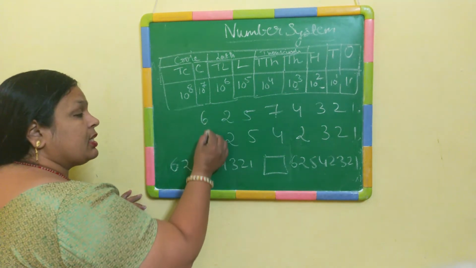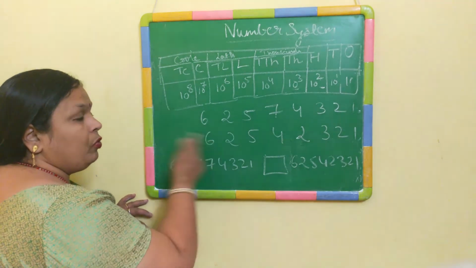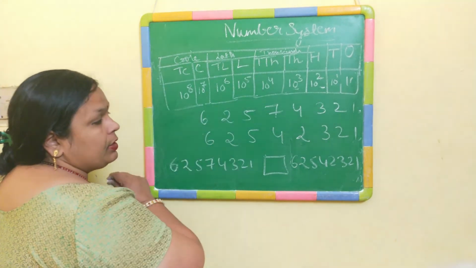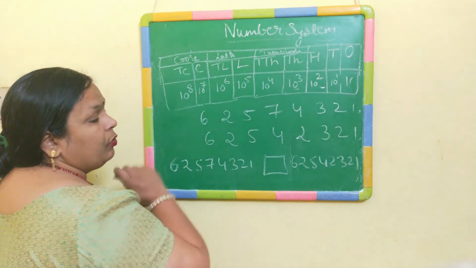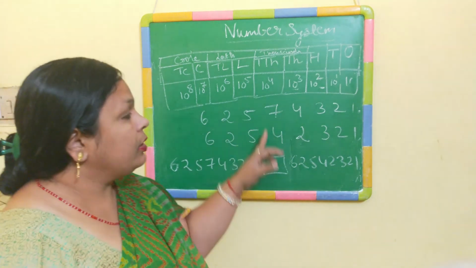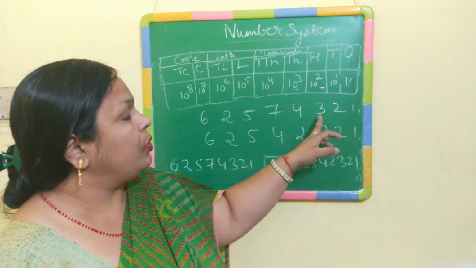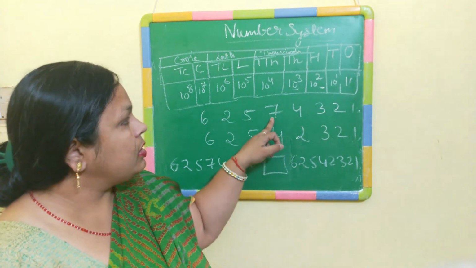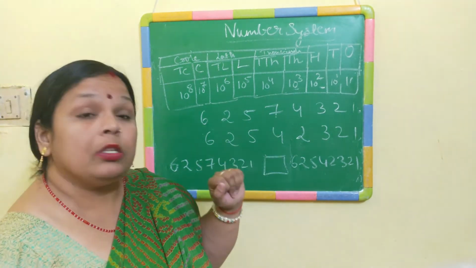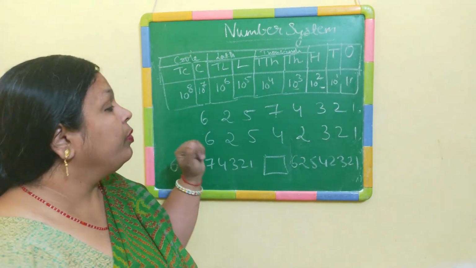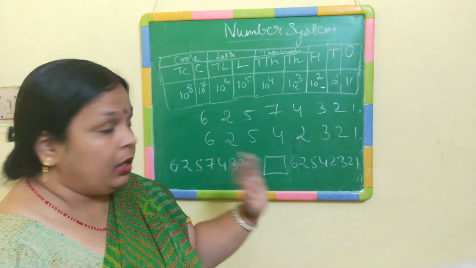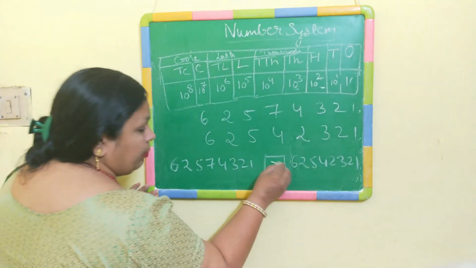Now we can see 6 and 6 are same, 2 and 2 are same, 5 and 5 are same, 7 is greater than 4. So here itself, this is in the 70,000 position and this is in the 40,000 position. So we will stop our comparing here itself and we will declare that this number is greater.